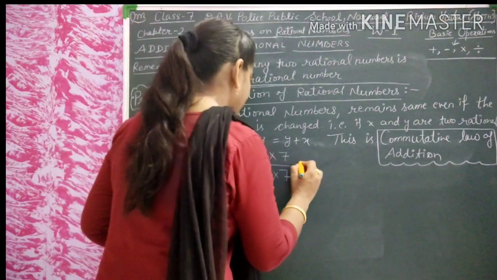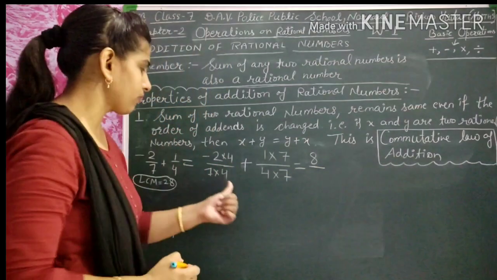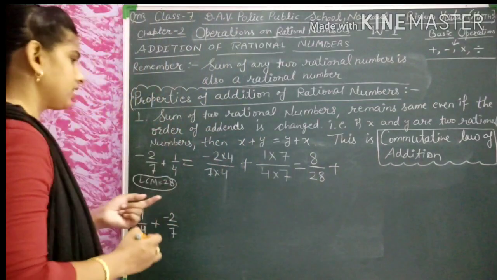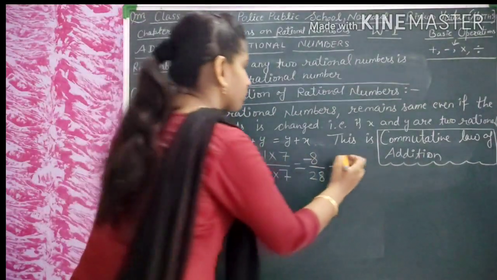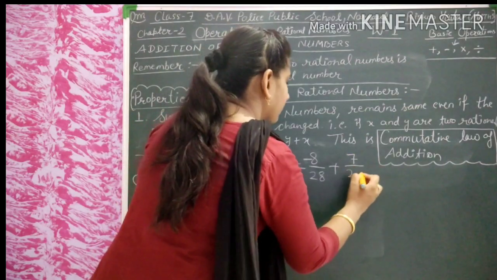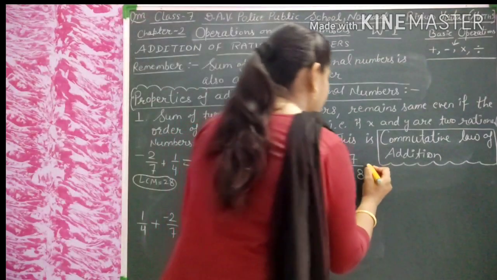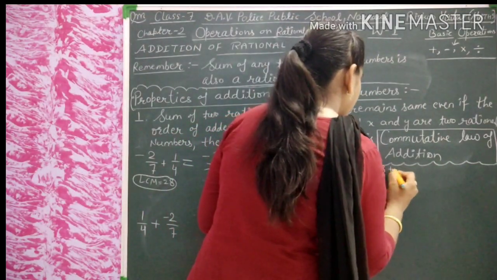Solve it. That is equals to 2 fours are 8, divided by 7 fours are 28, and plus, here is minus 8 and here is also 7 divided by 28. This is the answer here, and now we calculate this. Minus 8 by 28, minus 8 plus 7.